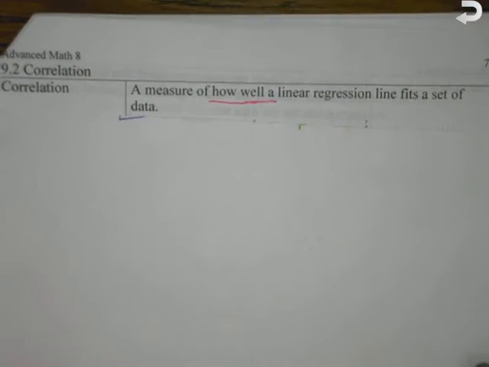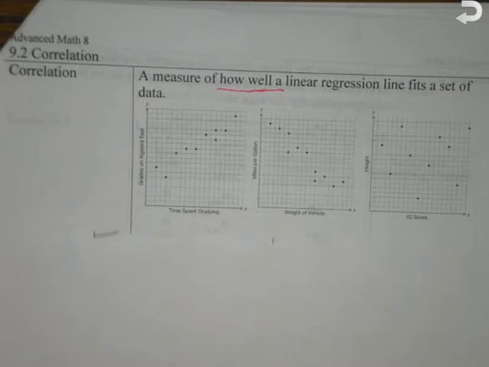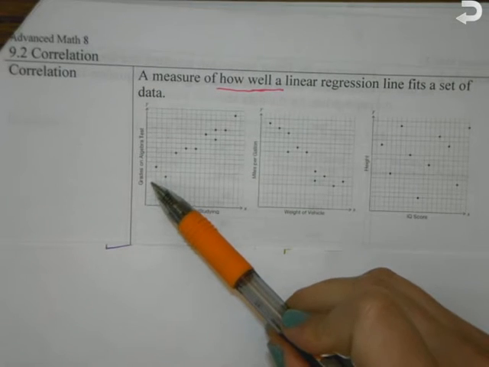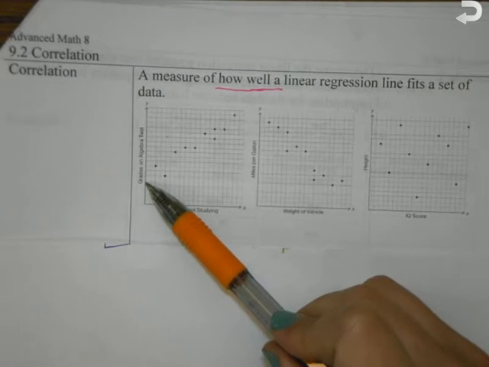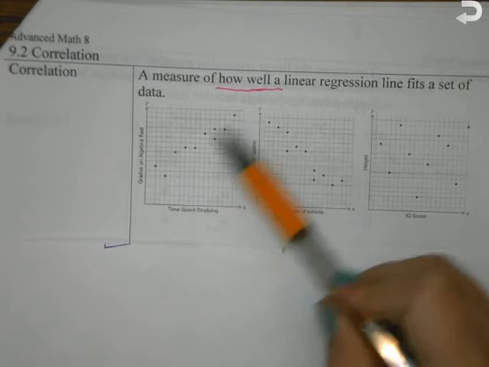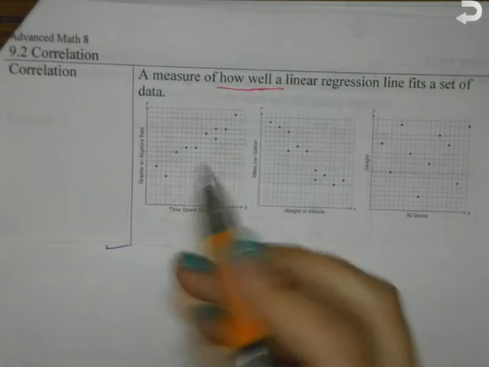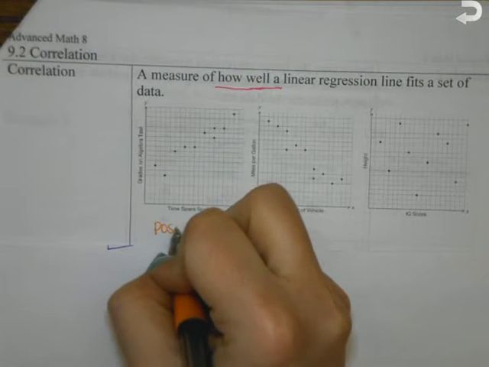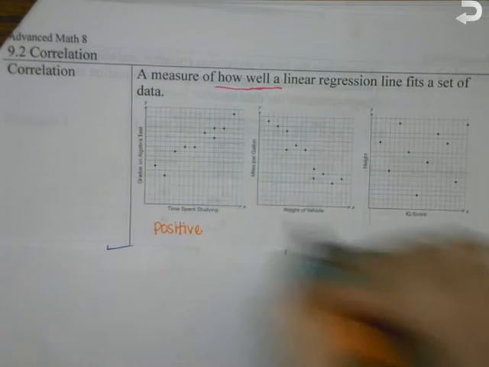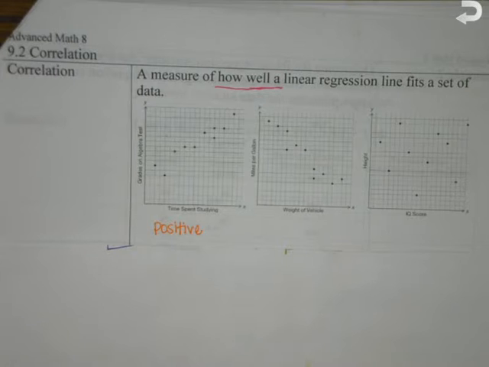We have 3 types of correlation that we're looking at. If all of your data kind of goes in an upward line, so it has a positive slope, or it's a positive linear or an increasing linear kind of look, we call that a positive correlation, or association.